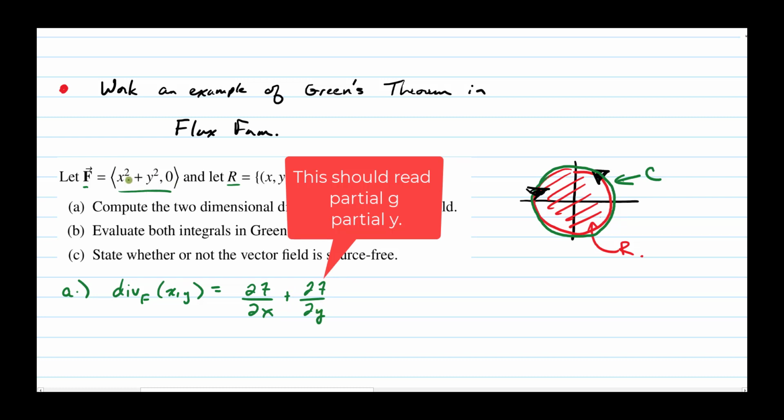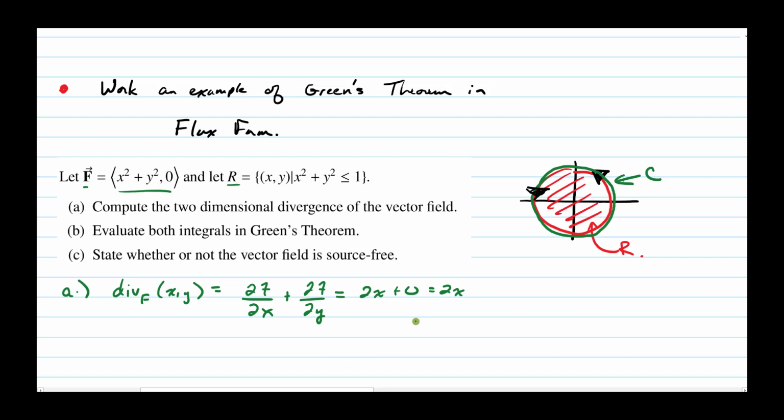In this case, our function f of x, y is that first coordinate function, and our function g of x, y is that second coordinate function. So we get the divergence will be 2x, that's that partial, plus 0, that's that partial. So our divergence is 2x.